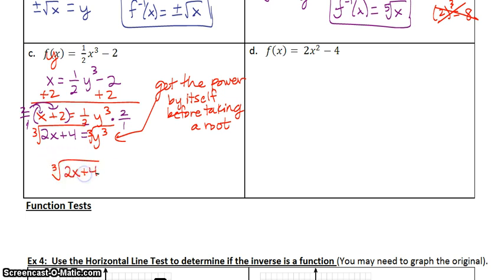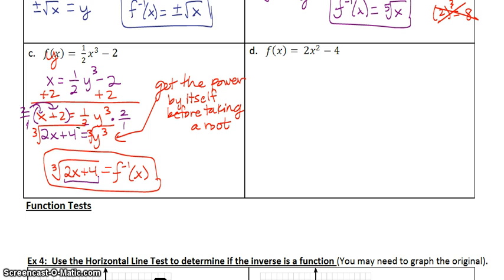In official function notation, the cube root of 2x plus 4 equals f inverse of x. Notice how I had to cube root both sides, and 2x plus 4 are both underneath the root. That's really important. If you don't show both of them under the root, you lose points for that. They're both under the root because they were both on that side that I was cube rooting.